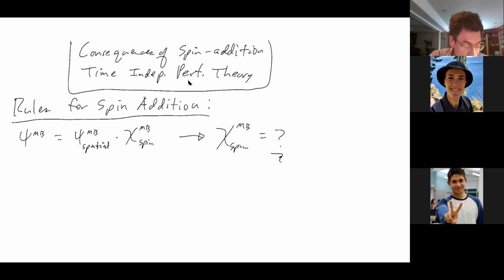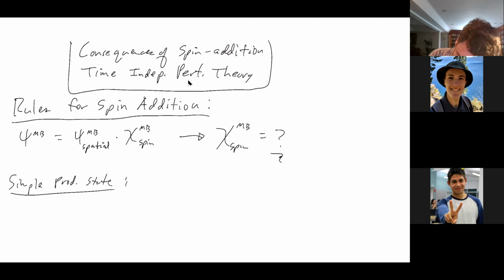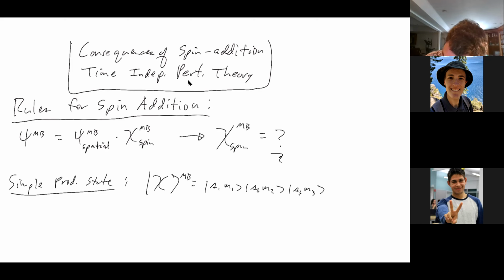One way is to create a simple product state, where the many-body spin state is equal to a product state of all the single particle spin states for all the different particles up to, say, some nth particle.